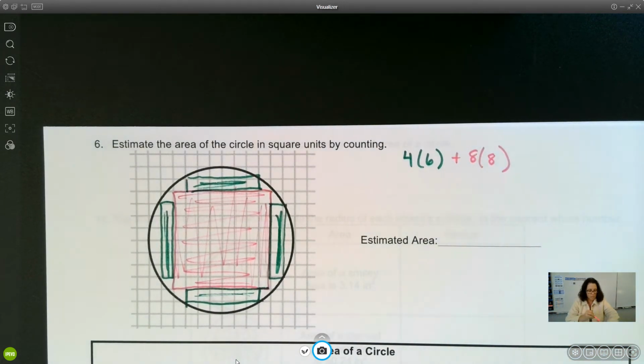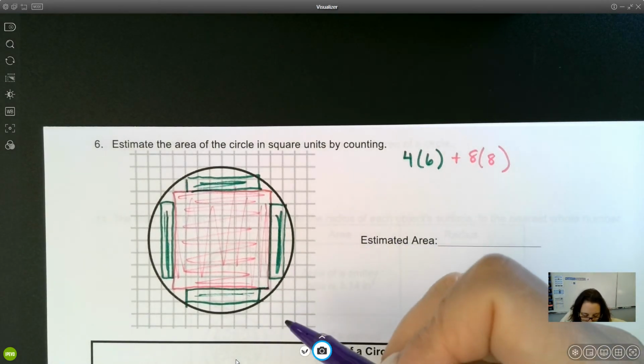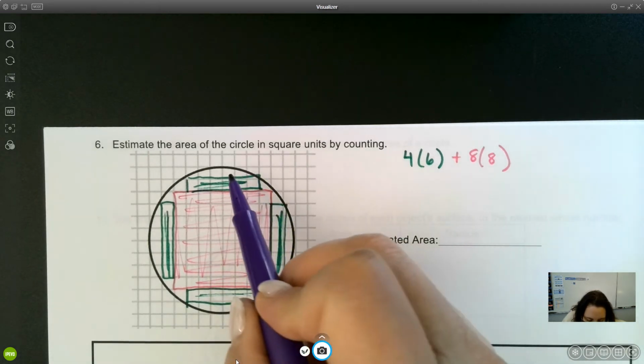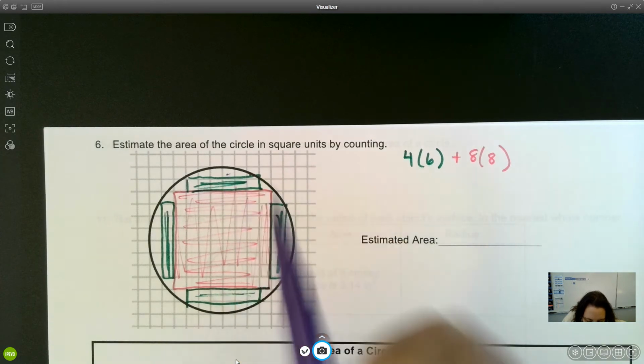Okay, now do you see that I've got these little partials? You have to approximate, guys. Let's look at it this way. This one and this one probably make 1.